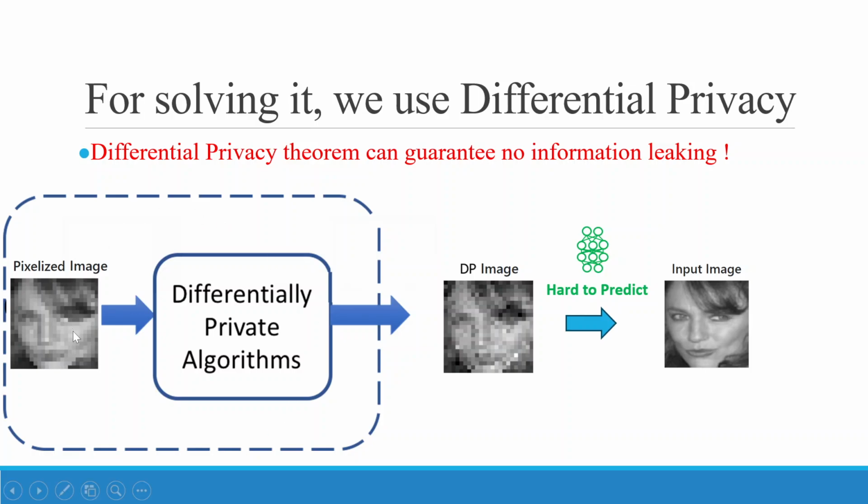We can combine our differential privacy with the pixelization function. We can apply the differential privacy on the pixelization image, and then we will get the results. And this image should have the property of differential privacy, and then it can make the attacking system hard to predict the original image.